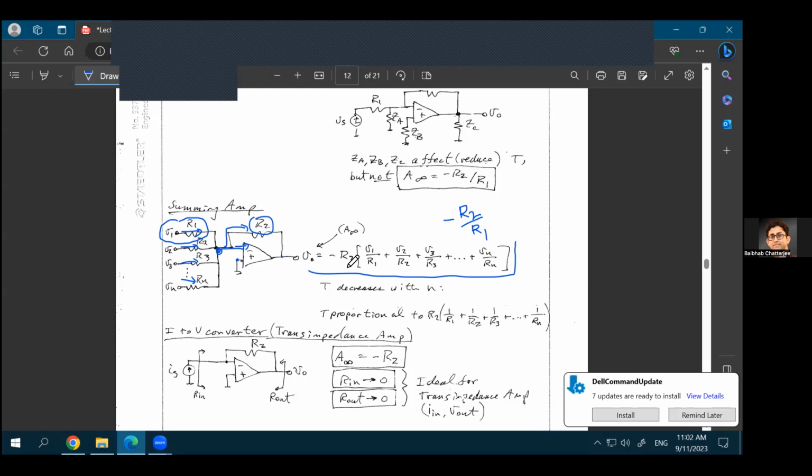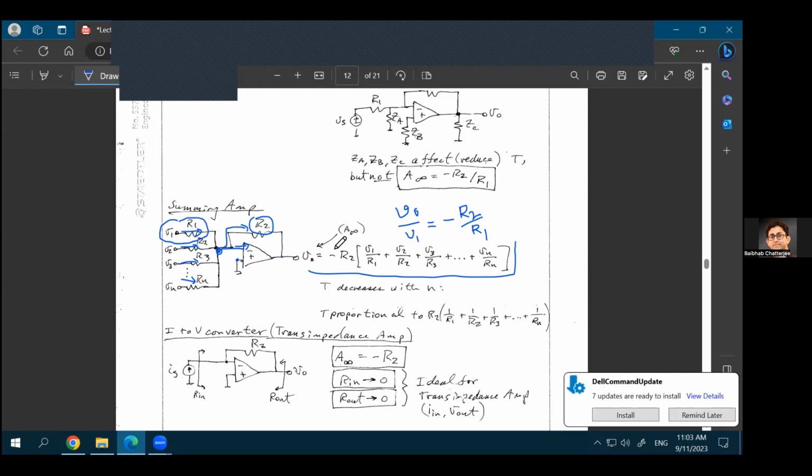If you just do the math, you'll come up with the equation that your output is basically minus R2 times (V1 over R1 plus V2 over R2 plus V3 over R3, and so on). It's basically the same form as earlier, when V0 over V1 was equal to minus R2 over R1 if you had only one voltage input. But now, instead of only one voltage input, you have multiple voltages and multiple resistances.